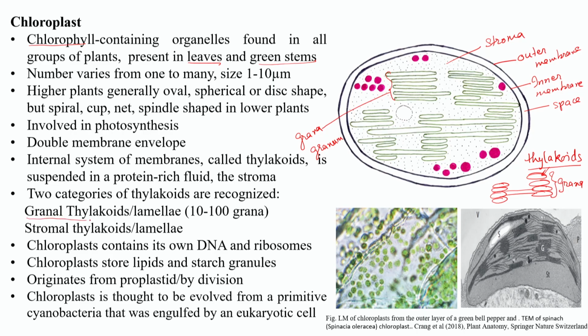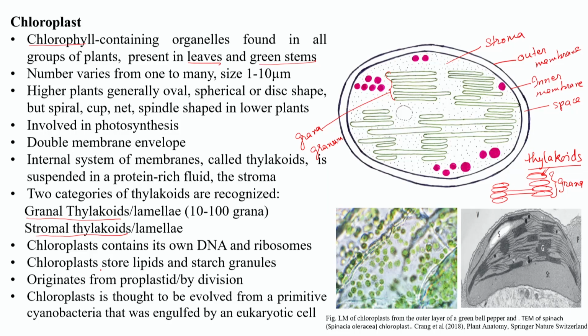That is granal thylakoid, meaning the membranous thylakoids which are stacked one above the other, also known as granal lamellae. Lamellae also means a membranous structure, and around 10 to 100 grana per chloroplast could be visible. Similarly, we have stromal thylakoid or stromal lamellae, which is the one interconnecting those grana.